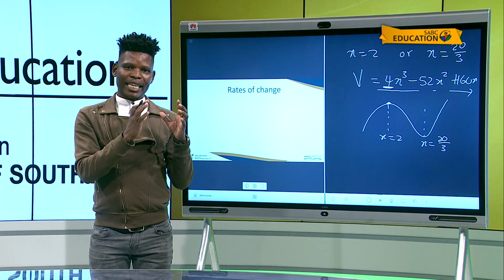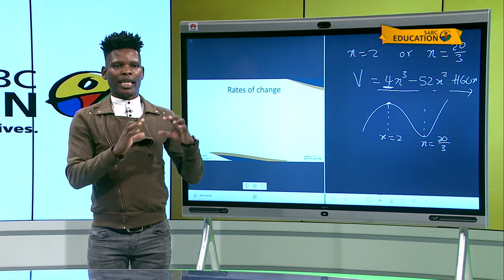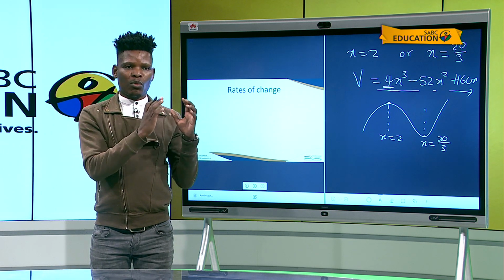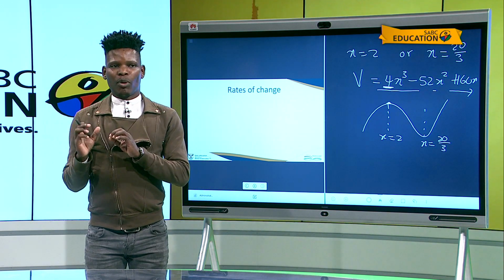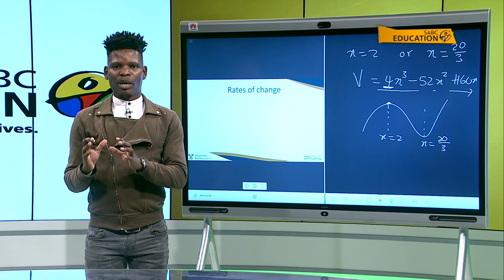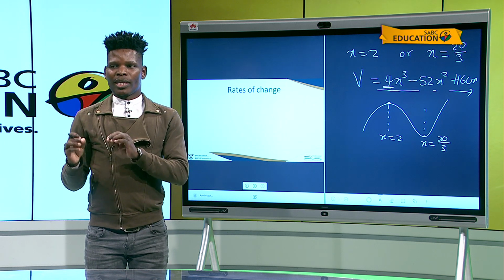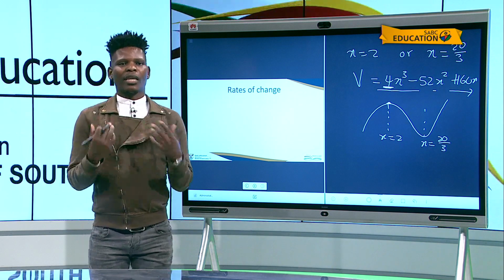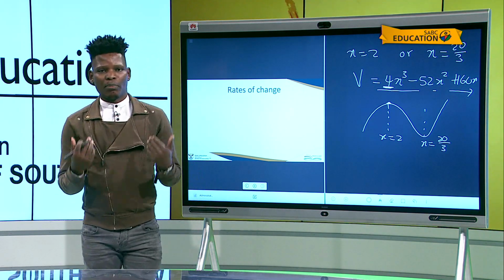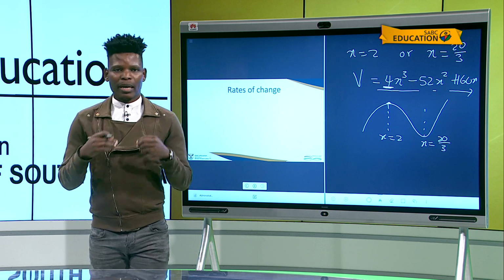If your second derivative is greater than 0, then we are talking about a minimum quantity. But if your second derivative at that particular point is less than 0, then we are talking about a maximum quantity. So that is what you need to know about maxima and minima problems.